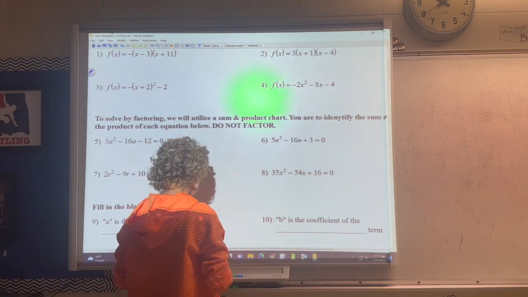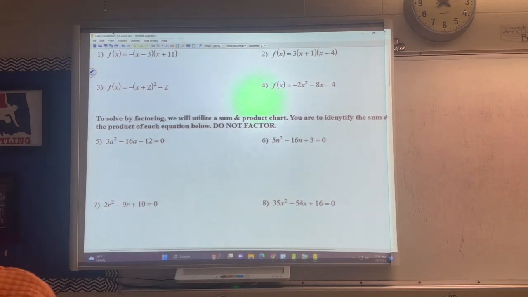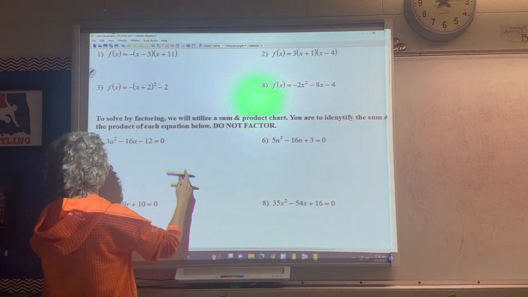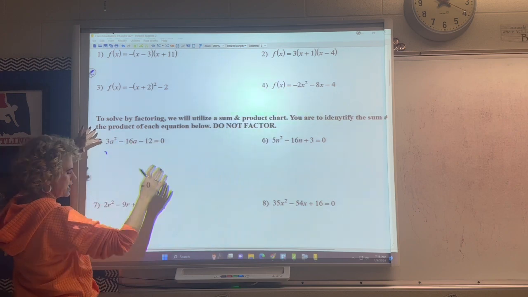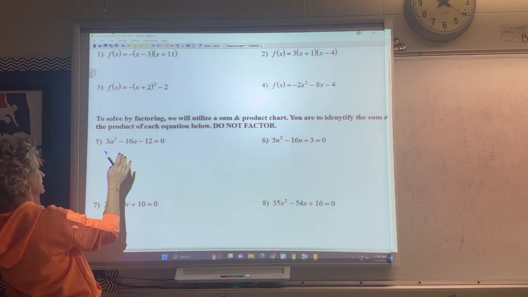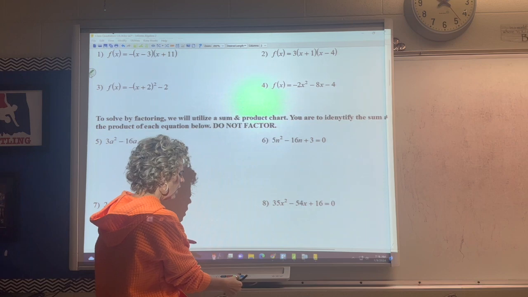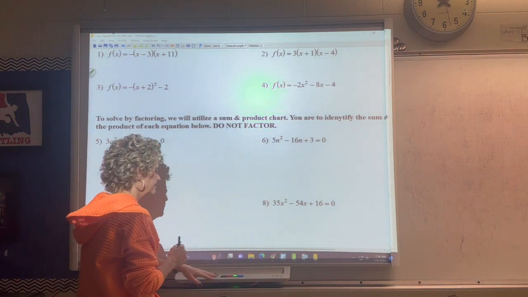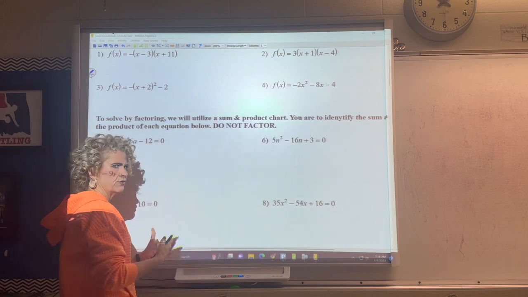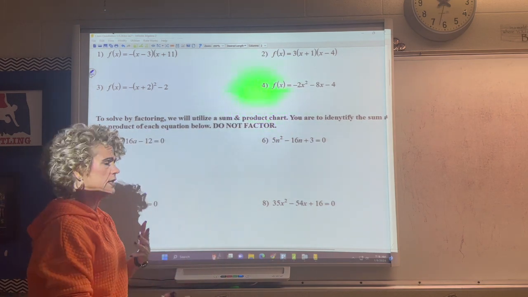Now I realize they use A's, N's, X's, and R's, and truly it doesn't matter. These are all quadratics. The highest exponent is a 2, so we have a degree of 2, therefore it is a quadratic.